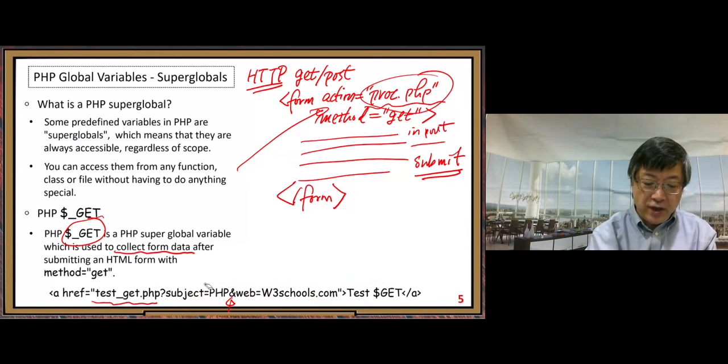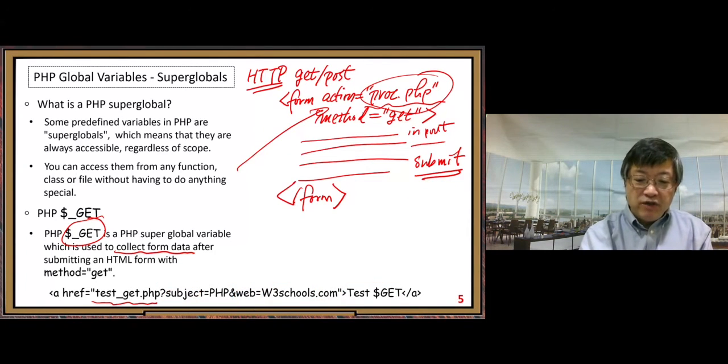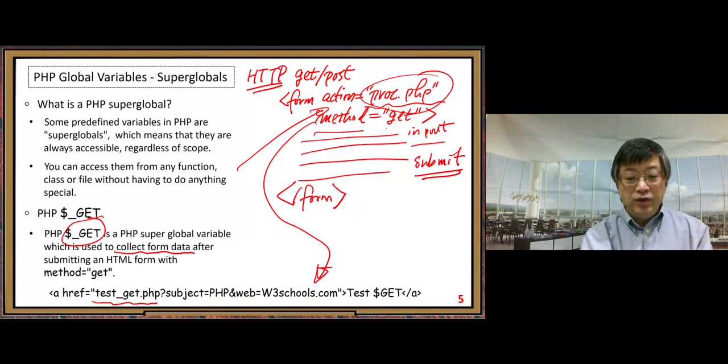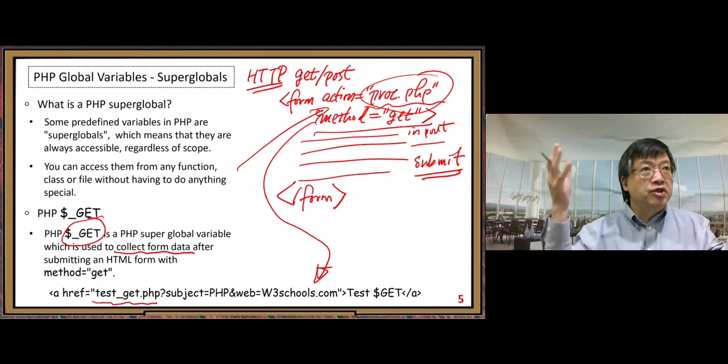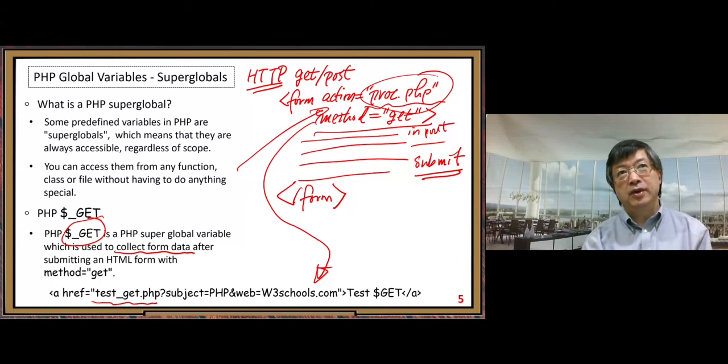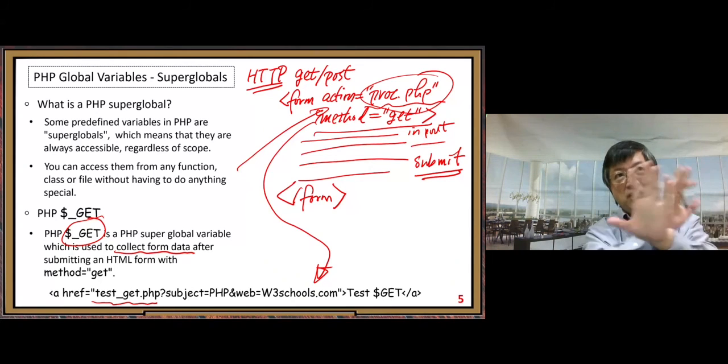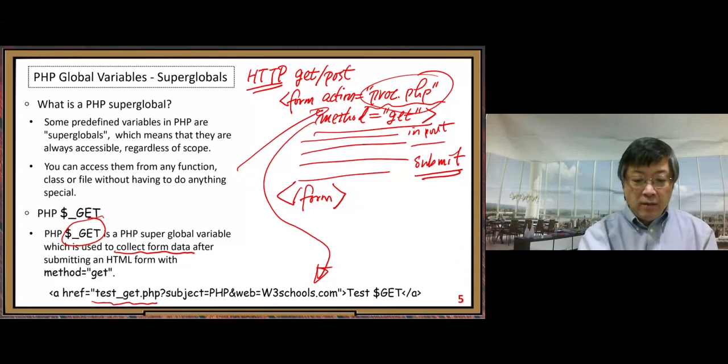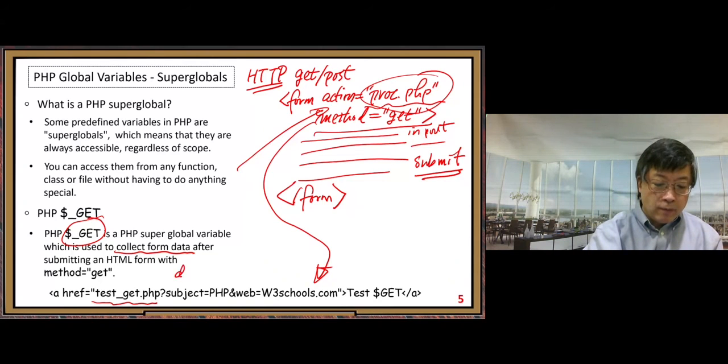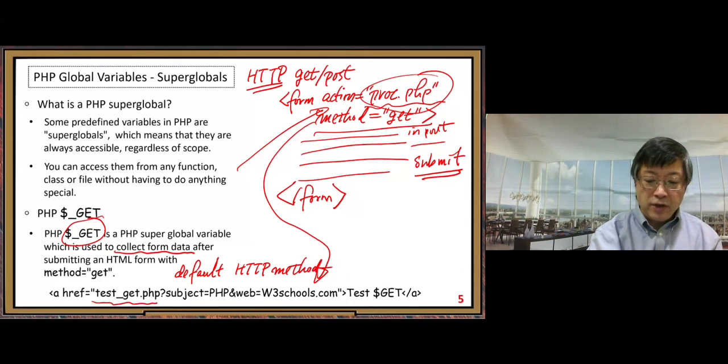Here you can see we didn't specify the get method, because we do not have the chance to specify it. Don't worry. If you do not specify any method, the default HTTP method is the get method.